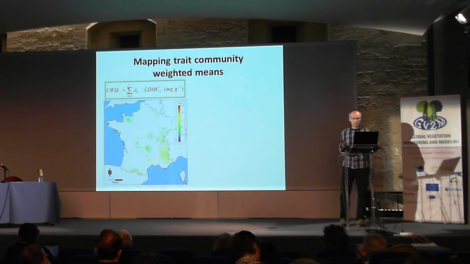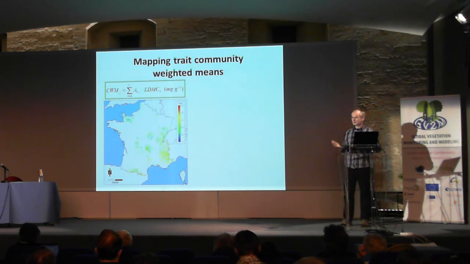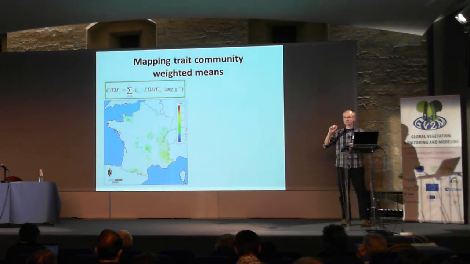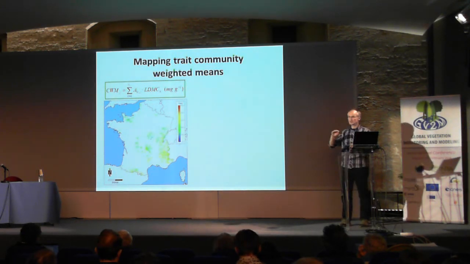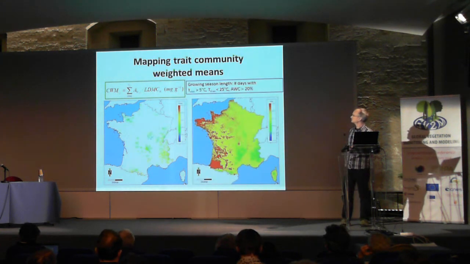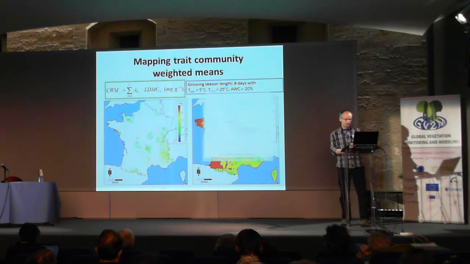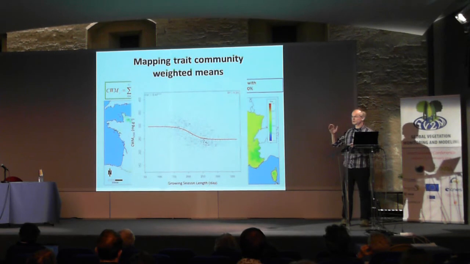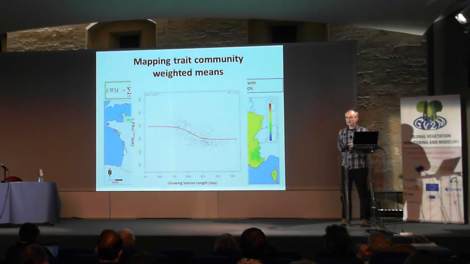So we would then use those data to scale from the individual, from the database, to the community at the plots, and these would be different plots all over France. We would take some environmental measures and use them for trait-environment correlation.